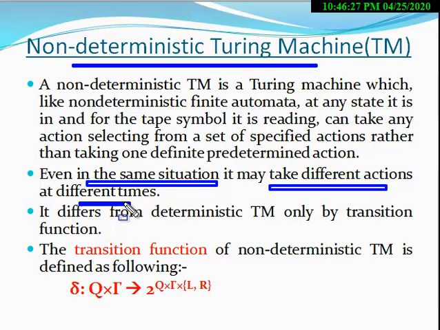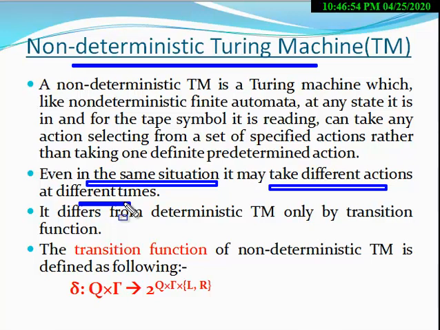Okay. The third point, it differs from deterministic Turing machine only by the transition function. So in the 7 parameters of a Turing machine, the 6 parameters are the same, but it differs from the deterministic Turing machine only by the transition function.